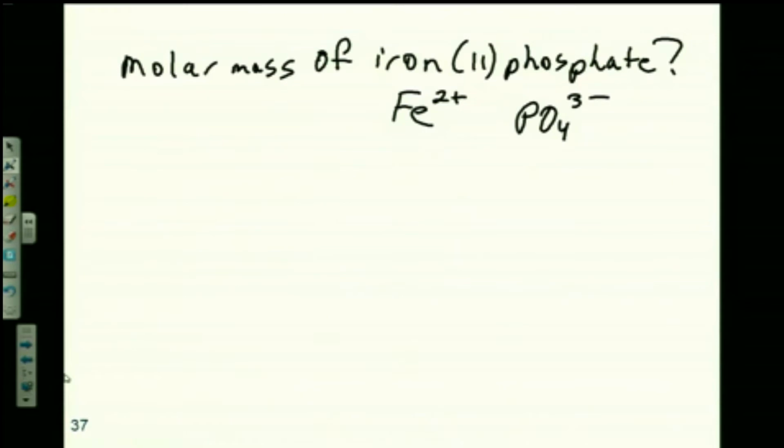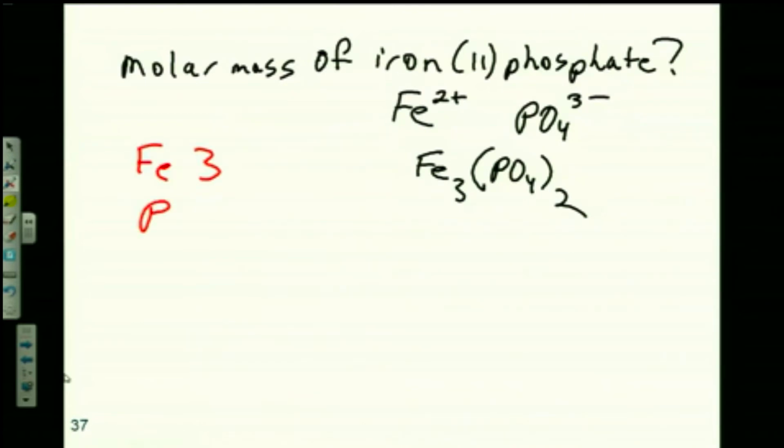So the formula is Fe3(PO4)2. Now, here's the question. This 2, what is it telling me? It means I have 2 of everything inside of there, okay? So for iron, I have 3 of them. Phosphorus, I have 2. And oxygen, I have 8.